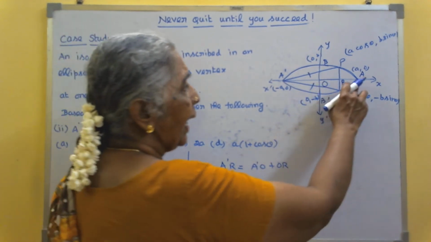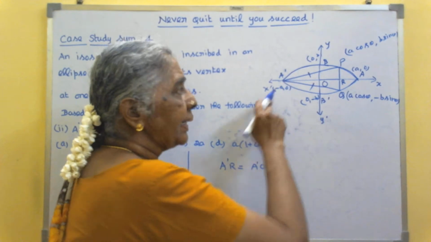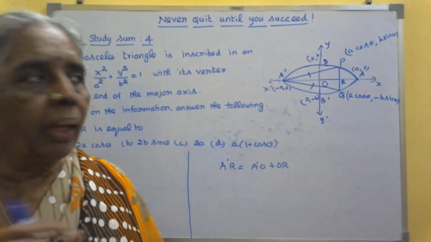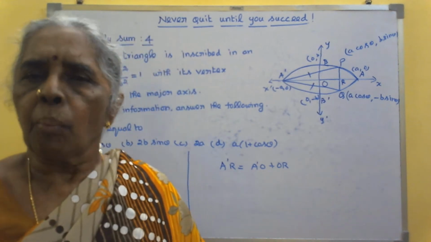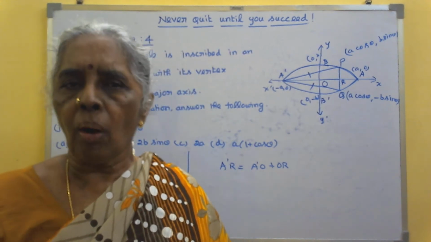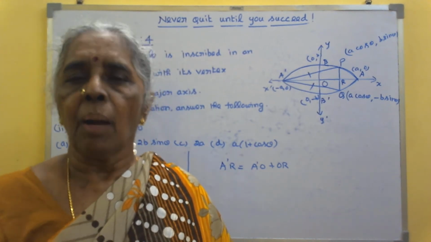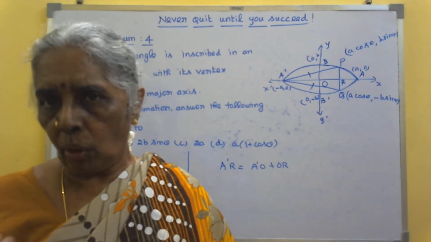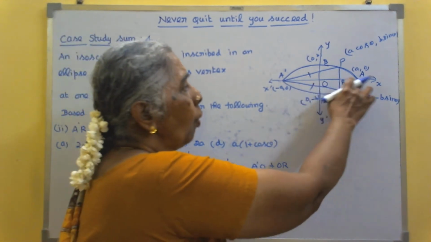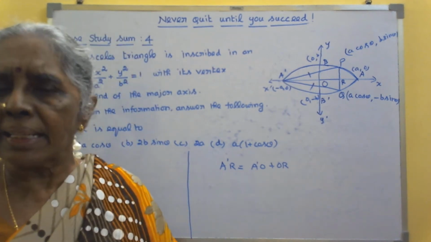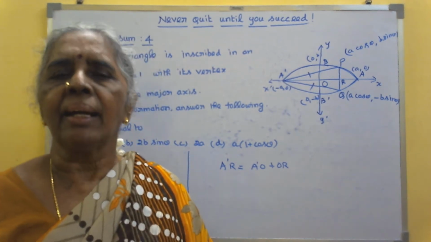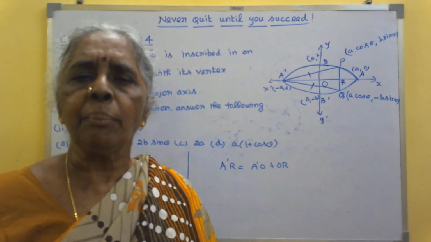This A is A comma 0, A dash is minus A comma 0. But the length OA and the length OA dash, both are only A, because in the coordinate only you have to say the minus sign, but the length cannot be negative. So OA is equal to OA dash is equal to A. So A dash A is equal to 2A. That is called the length of the major axis.